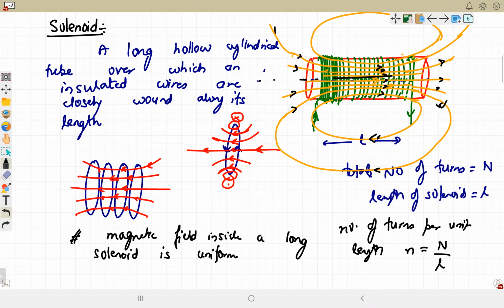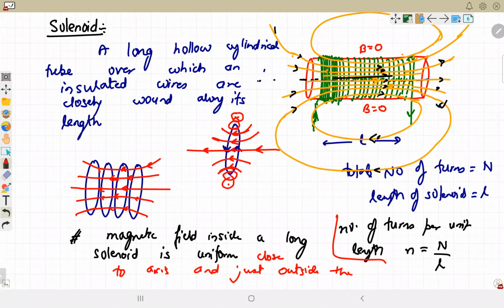Correct? And just outside the curved surface, there is no magnetic field line. So just outside it is zero. Close to the axis, it is constant, and just outside the curved surface, it is zero.